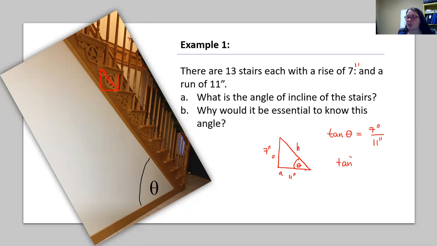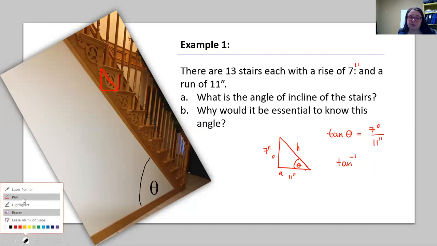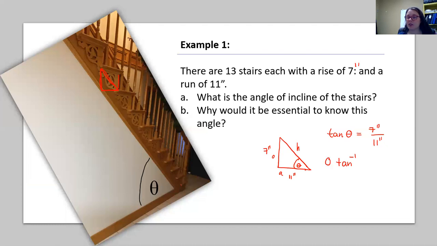And we do shift tan because we're looking for the angle. I've got an extra equal sign in there. So our angle will be equal to shift tan, and then we'll put our ratio in: 7 over 11. And you may have calculated that as a decimal first.